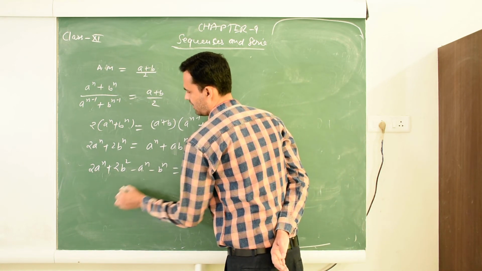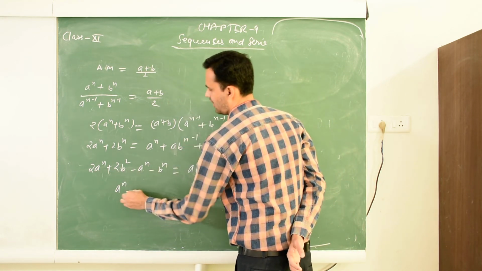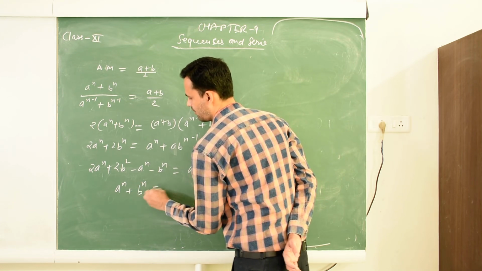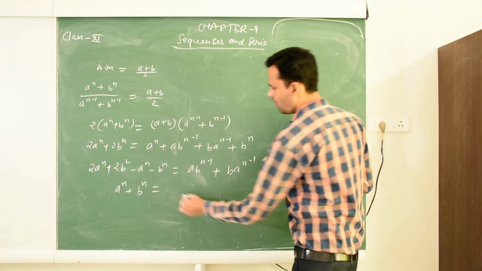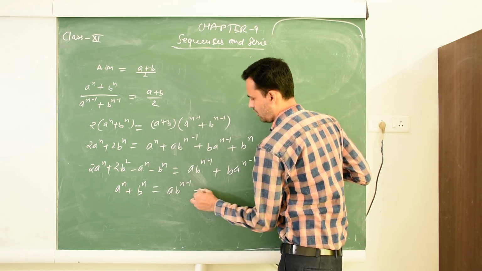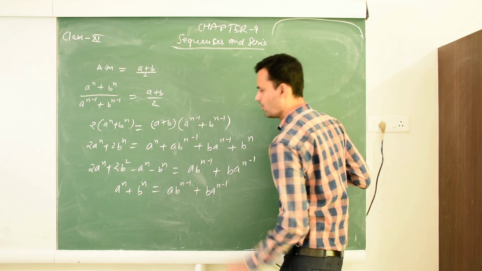So 2a^n minus a^n, so a^n, 2b^n minus b^n, so b^n, equals a b to the power n minus 1 plus b a to the power n minus 1.